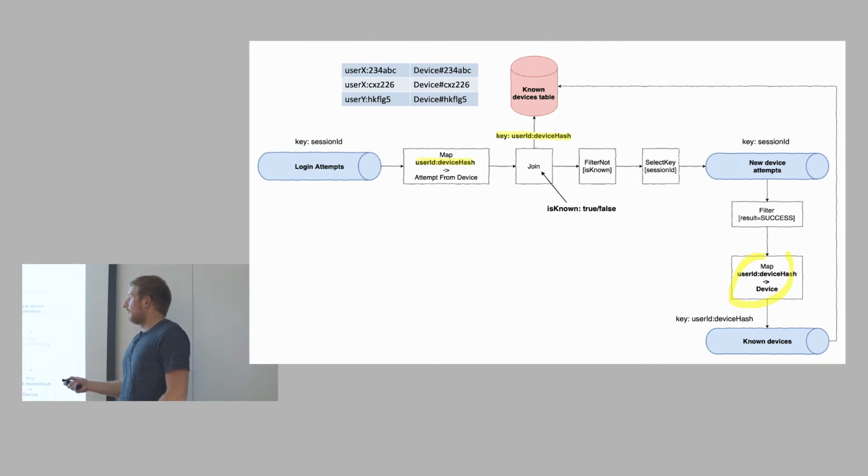So at join time, if we get a non-empty result, we know that this device is already known because it was present in the table. When we get an empty result of our join, it means that this particular hash is not known, so we mark this attempt as coming from a new device. And the rest of the topology stays the same.